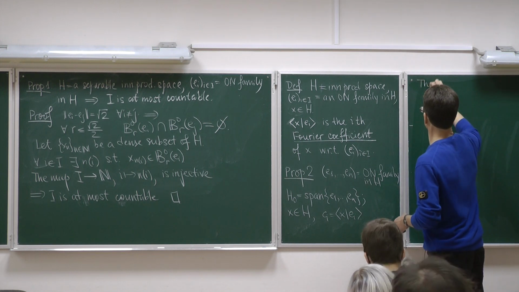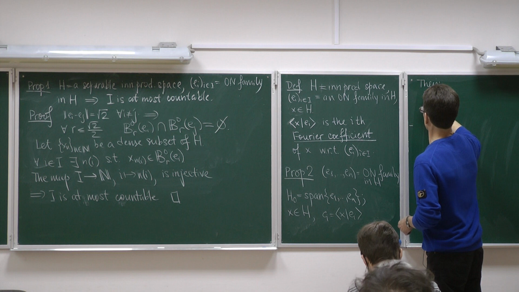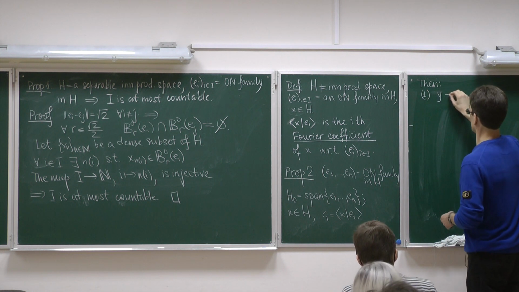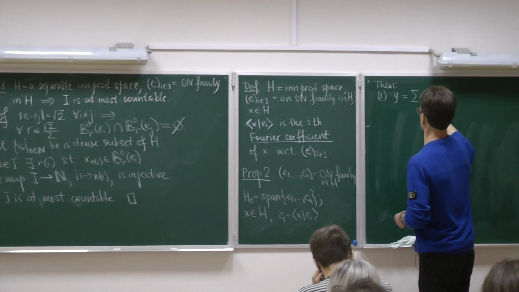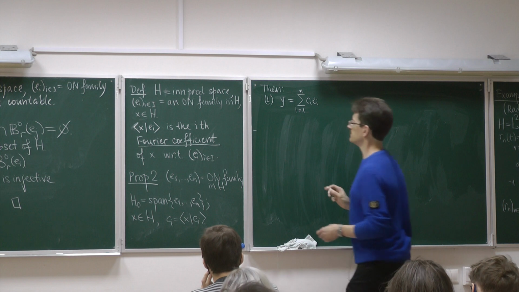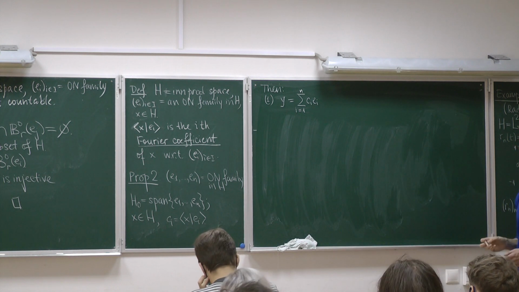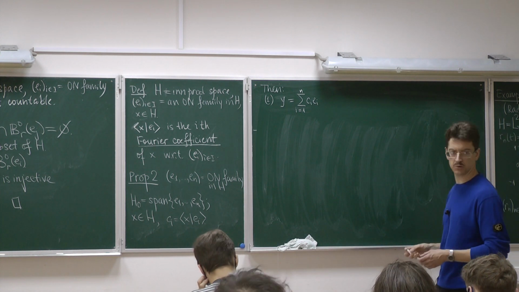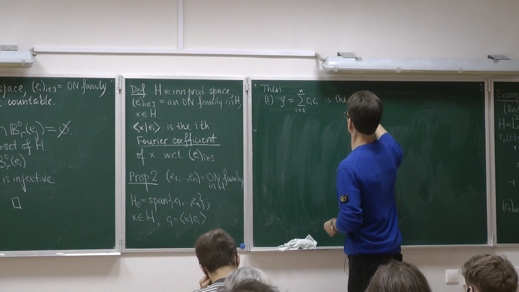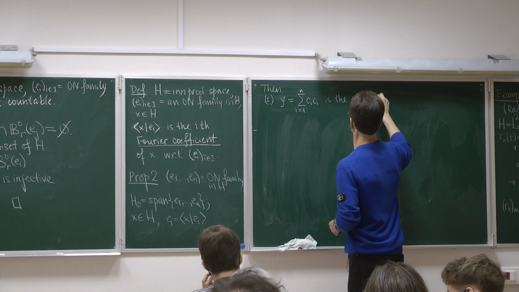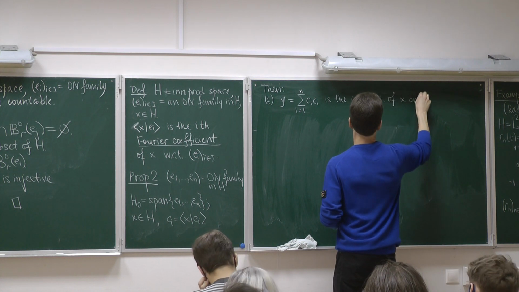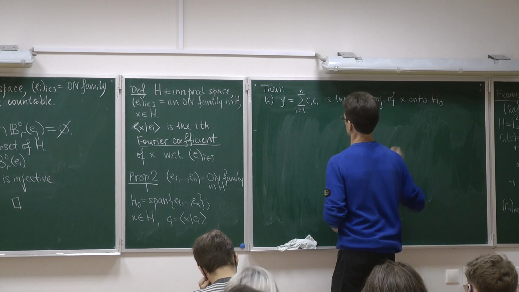Then, first of all, I claim that the following vector y, given by the following formula, a finite sum from 1 to n, is the orthogonal projection of x onto H_0.